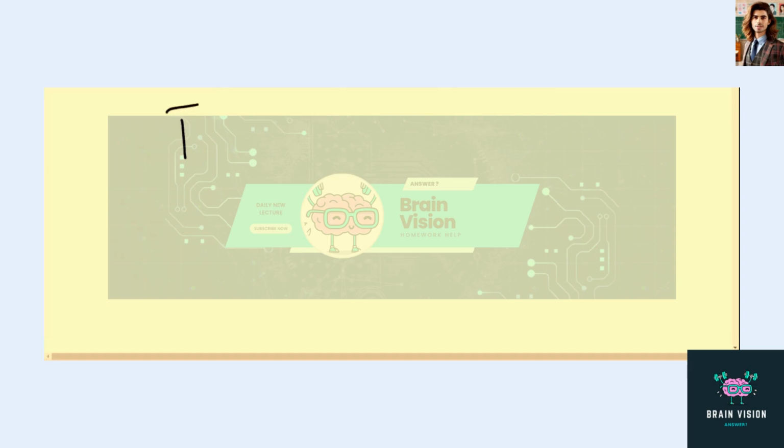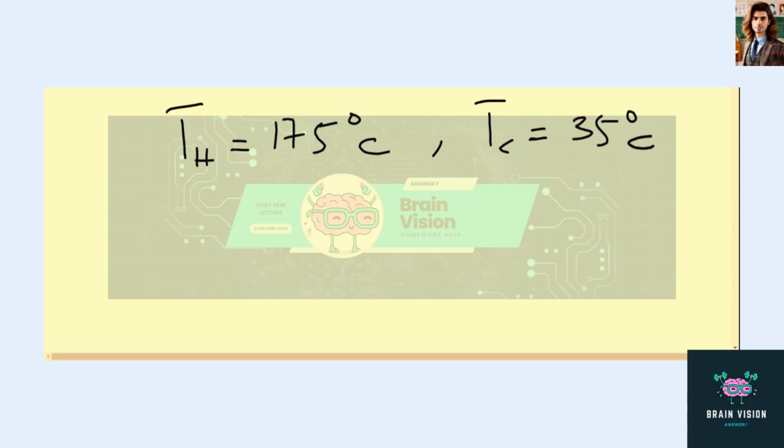All right. So the hotter region has a temperature of 175 degrees Celsius, and the less hot region, let's say T subscript C as usual, is 35 degrees Celsius. Not entirely cold, but let's just represent it with that.